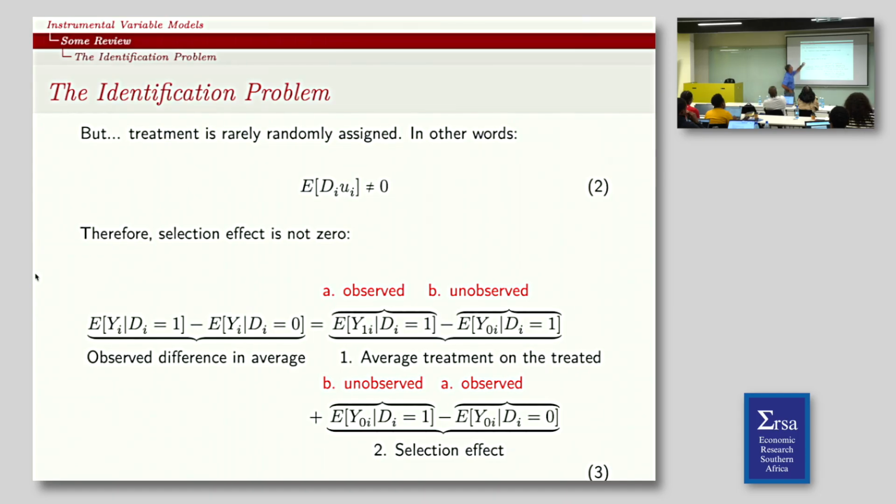All right. On the other hand, treatment is unlikely to be randomly assigned. We know that people choose to go to university. We know that people choose to migrate from one place to another, maybe in search of employment or whatever it happens to be. We know that we are economists. We believe people make decisions that are somehow good for them. So this is what we believe as economists.